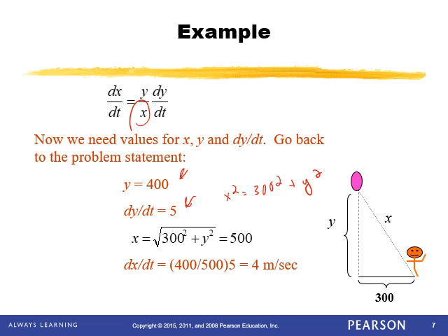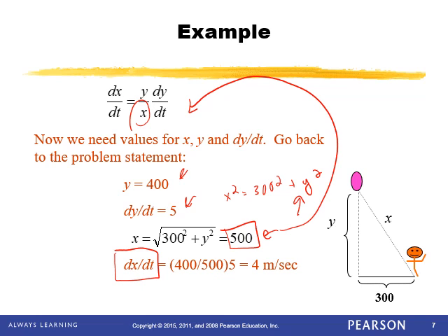And so if you plug in 400 for y right here, you'll find that x is equal to 500 when y is equal to 400. And so once we plug this number into our differentiated equation, we can find dx/dt, which is 4 meters per second.